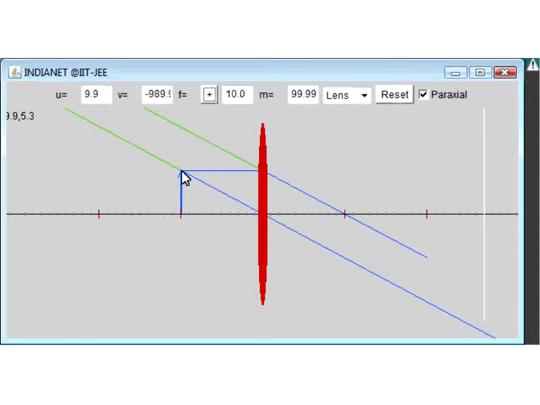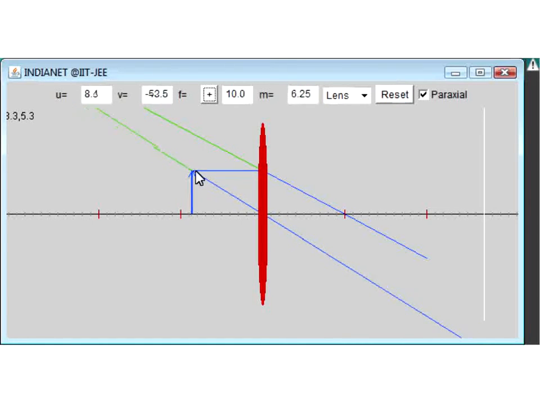Opposite behavior happens in the neighborhood of F, just like the tan 90 case, if you approach from the left side or from the right side. Look at that. It was on the negative y direction, the image. Now it is on the positive y direction. So that happens in the neighborhood of F. Again, size is huge, but now it is straight and it is virtual.